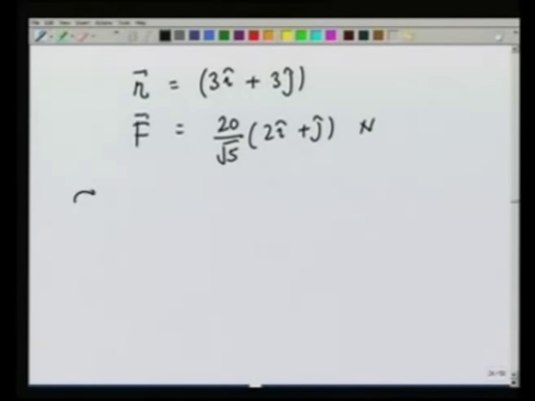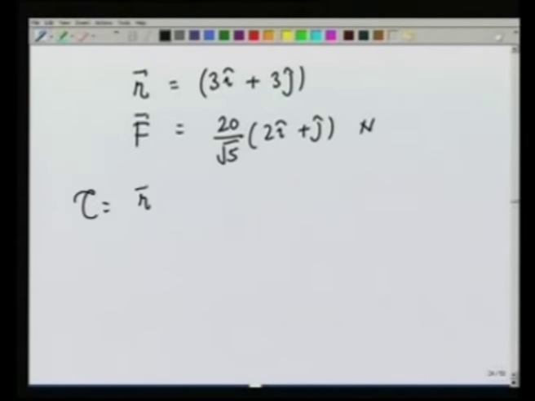So, torque, which is R cross F, is the determinant i j k, 3 3 0, 40 over root 5, 20 over root 5 and 0. Again it gives only a non-zero component in direction k, equal to 60 over root 5 minus 120 over root 5, which is minus 60 over root 5.